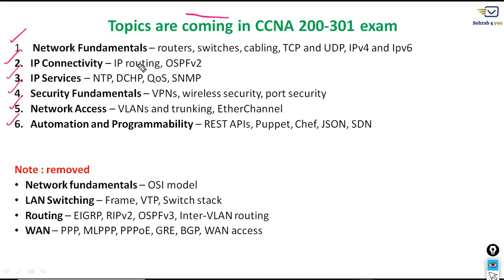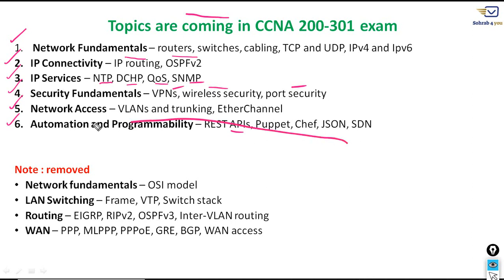In IP connectivity, you study IP routing and OSPF. In IP services, NTP, DHCP, quality of service, SNMP. In security, wireless security and VPN. In network access, VLAN, trunking, EtherChannel, STP. In automation, APIs, SDN, northbound API, southbound API.